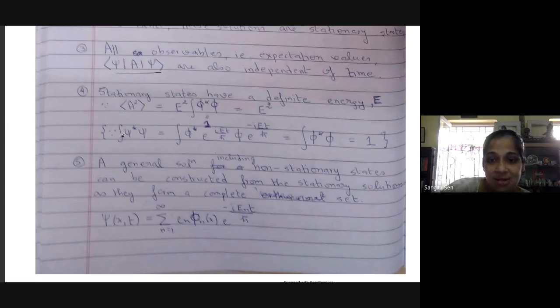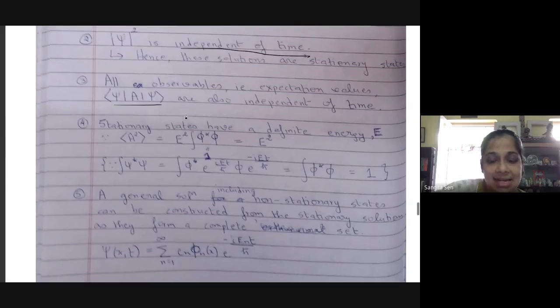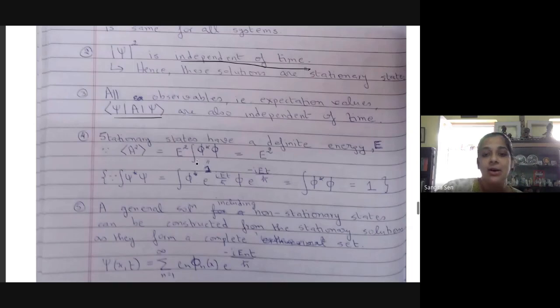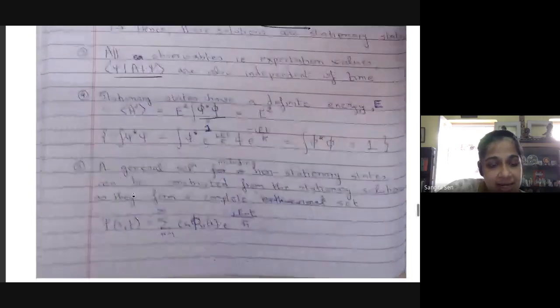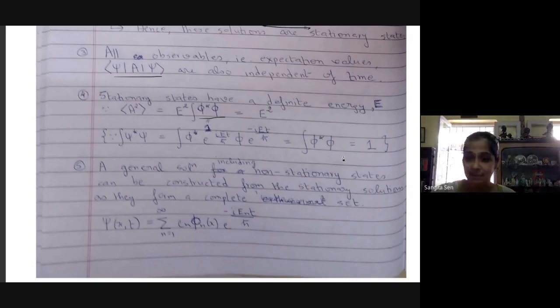Now one more important point which enters here is that the normalization of the wave function depends entirely on the time independent part. So it comes entirely from phi. Why is that? If I compute psi star psi, then again my time part cancels out, and the normalization condition ends up only being on the spatial part.